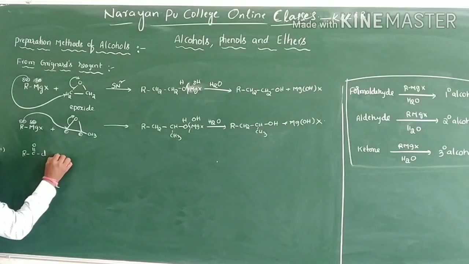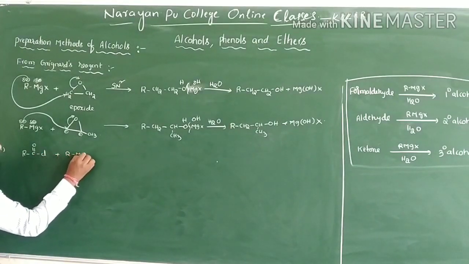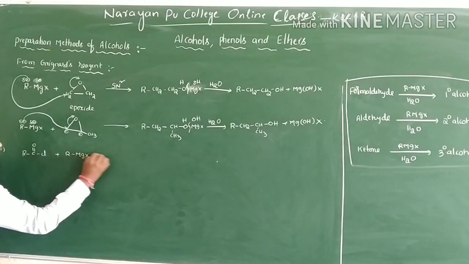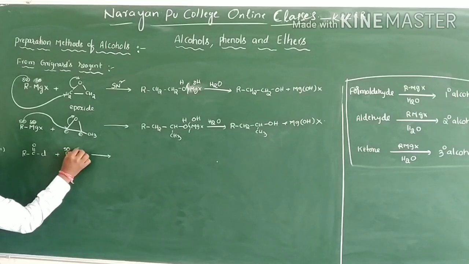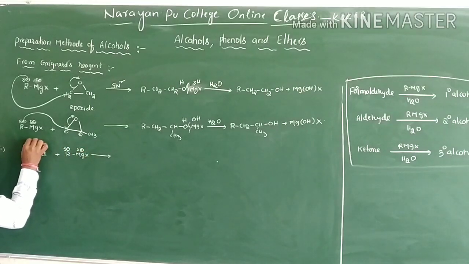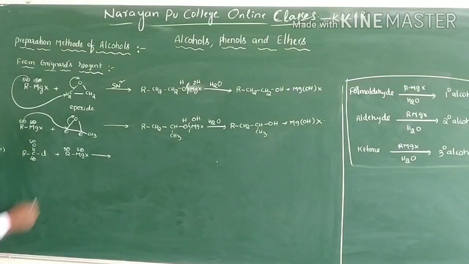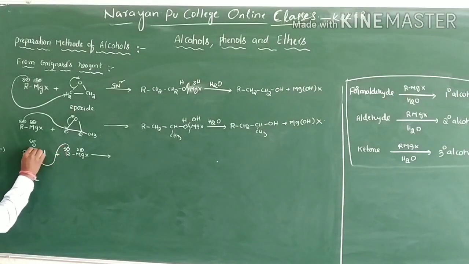Now, when it reacts with the Grignard reagent, as mentioned previously, there is a negative charge and a positive charge. Oxygen gets the negative charge, carbon gets the positive charge, and positive and negative form a bond.